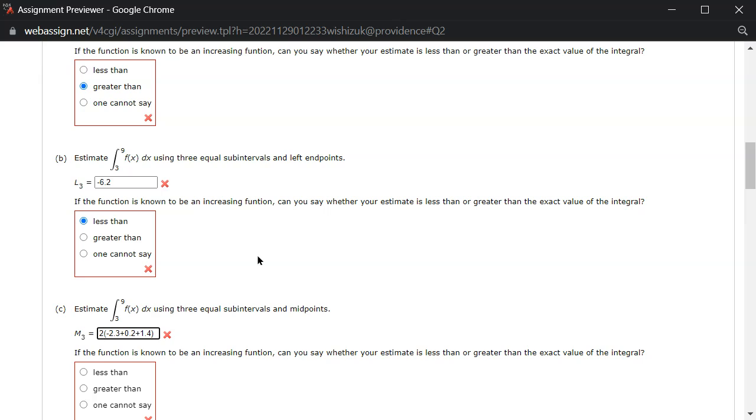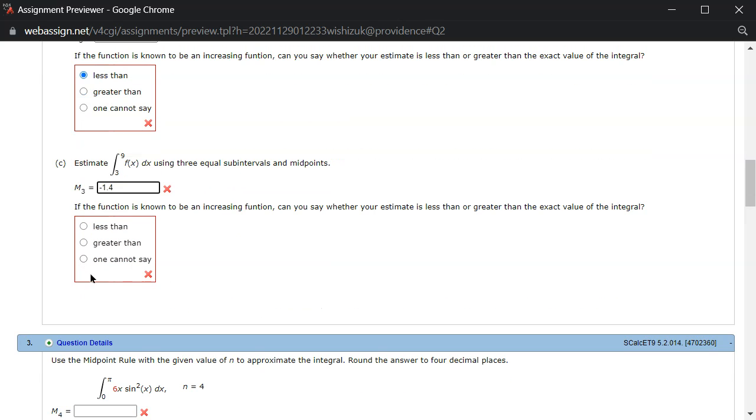So 0.2 plus 1.4 is 1.6, and 1.6 minus 2.3 will be negative 0.7. Then multiply by 2 is negative 1.4.